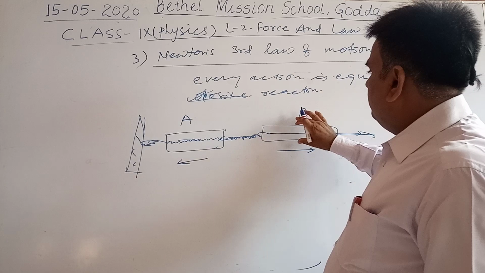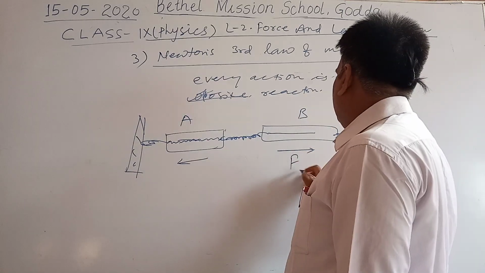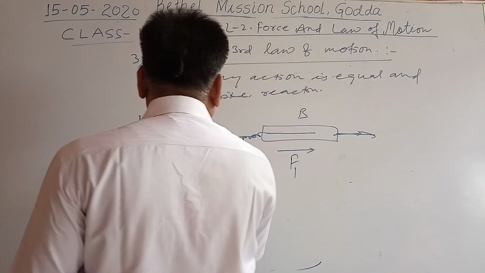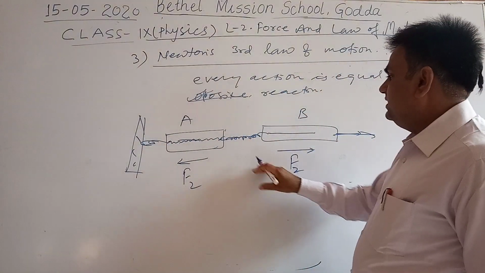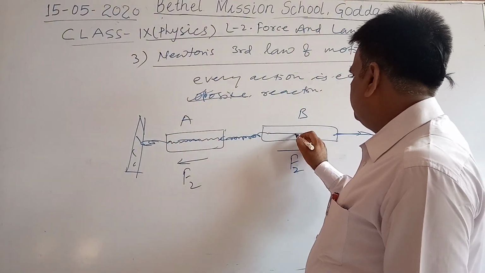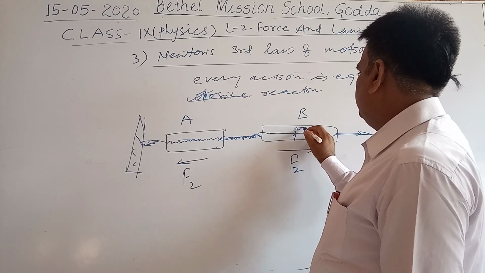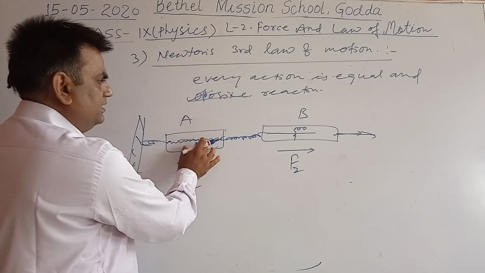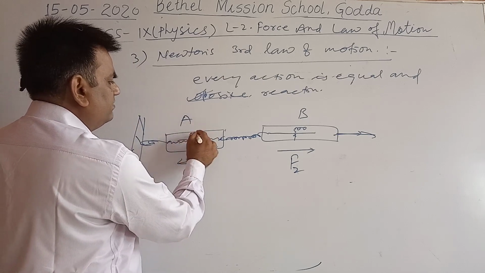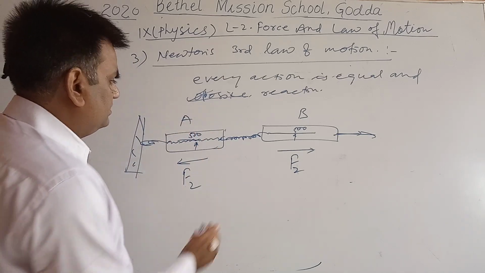And the value on both spring balances is the same. Suppose when we push it is 500 newtons, then on this side spring balance A also shows 500 newtons.